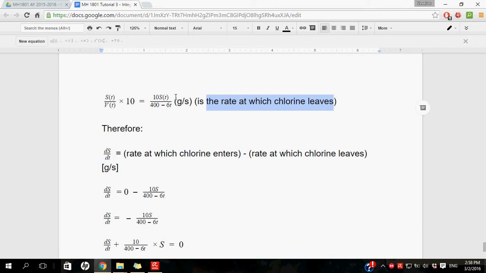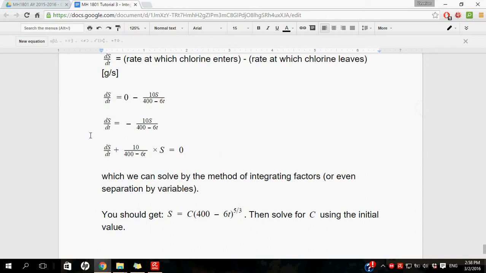The rate at which it enters is 0. It's over here. The rate at which it leaves is over here. We plug that into our formula. So this is the differential equation that we have: dS/dt equals minus 10 times S divided by 400 minus 6t.